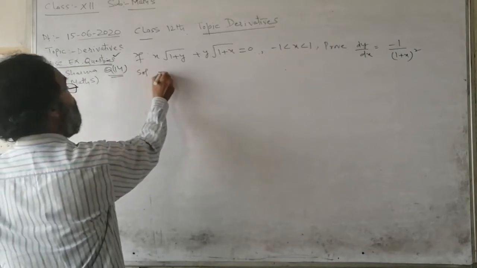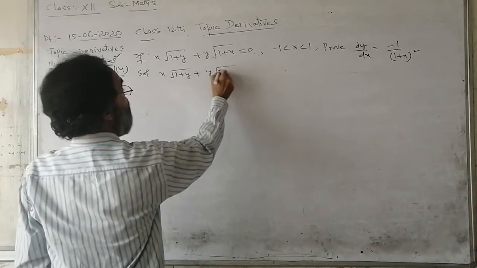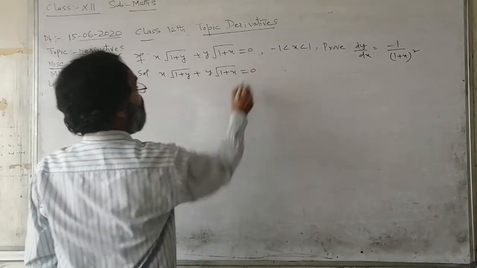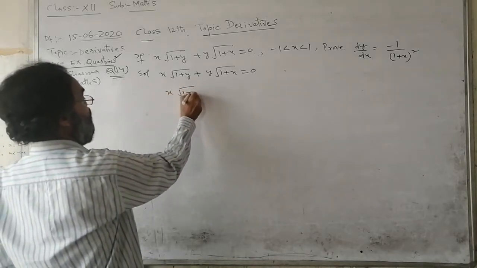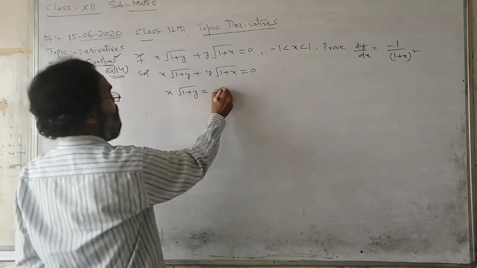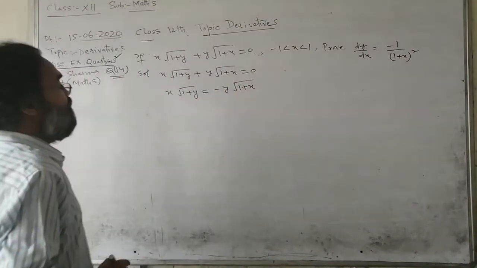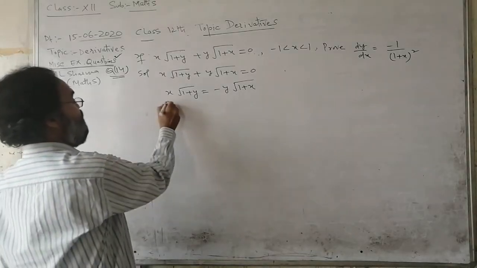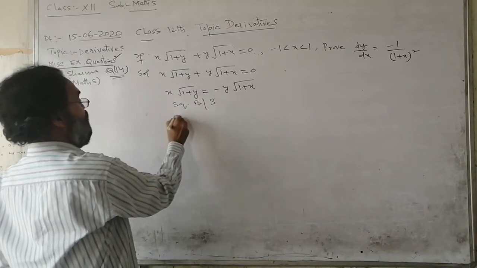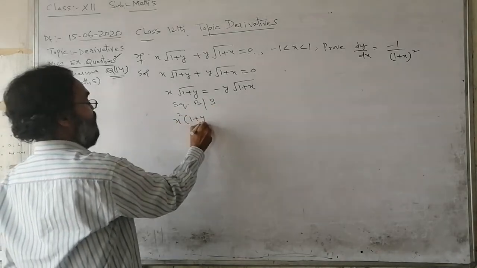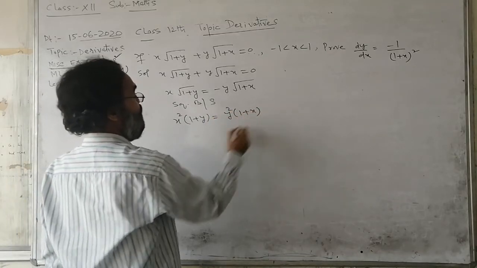So let x root 1 plus y plus y root 1 plus x equals 0. So I can transfer the one variable from left side to right side. If I square both the sides, so x square into 1 plus y will equal y square into 1 plus x.